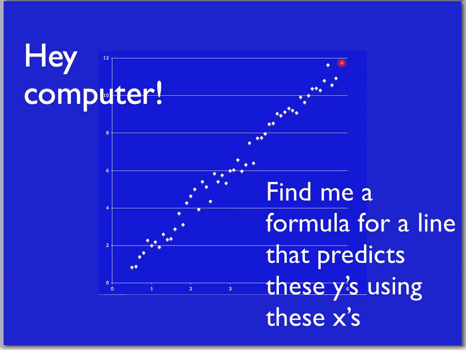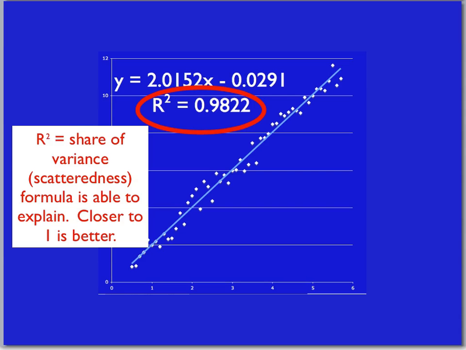Computer, could you find one for me? And the computer can do that. In this case, it turns out that the formula for the line that comes as close as possible to predicting all of these things is y equals 2.0152x minus 0.0291. Okay, so you see that there is a line that goes through most of these things.